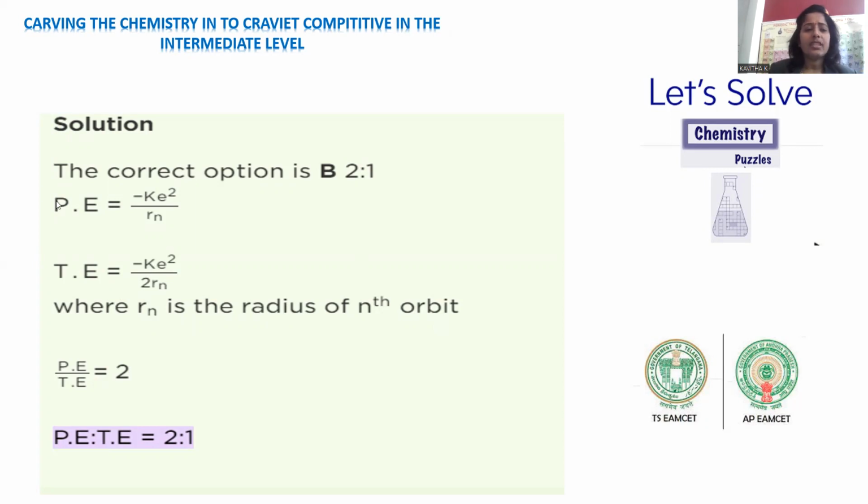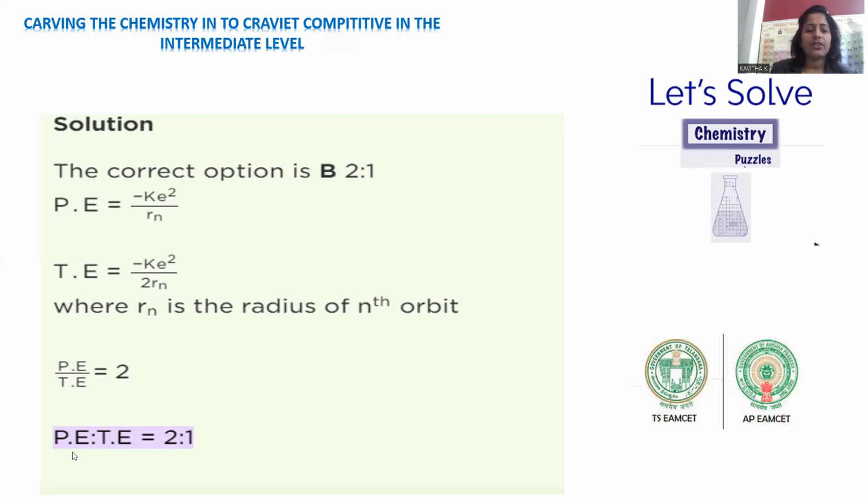If you go for the ratio of these two, potential energy by total energy, both the terms are exactly similar, so we can cancel them out. Total energy, minus Ke square by 2Rn, is the denominator, so it will come to the numerator. Hence, the remaining terms are entirely cancelled, and potential energy by total energy is given as 2.